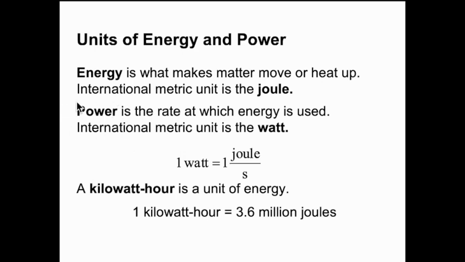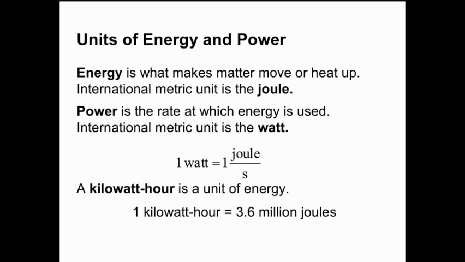Now, there are two ways that we can write power in terms of units. We have watt, that's a way to measure the rate at which the energy is used. And then because power is the rate of energy, you can also say it as joule per second.